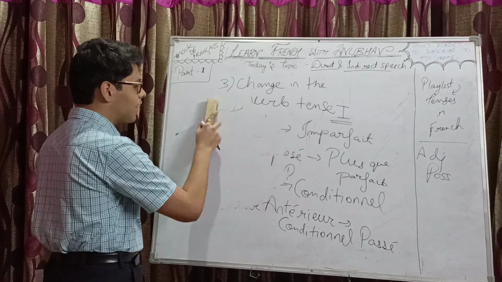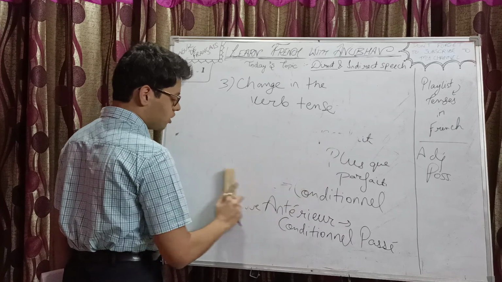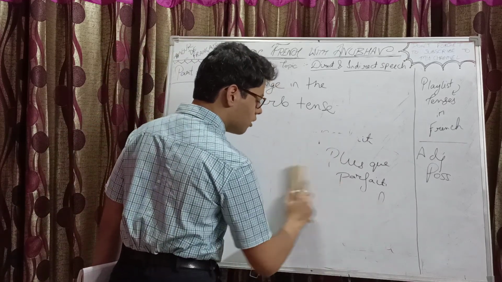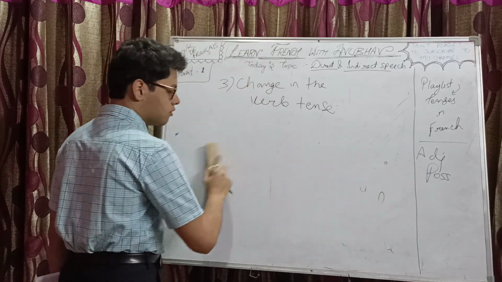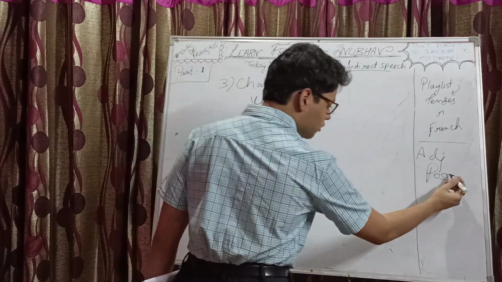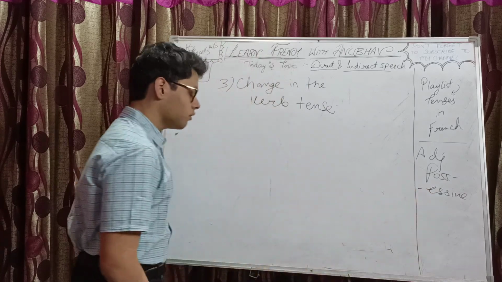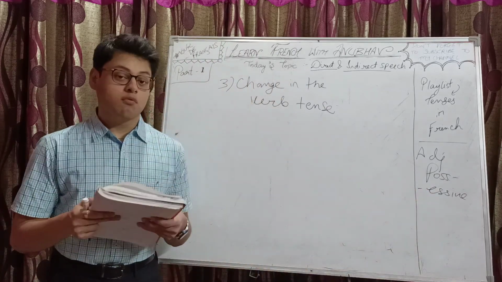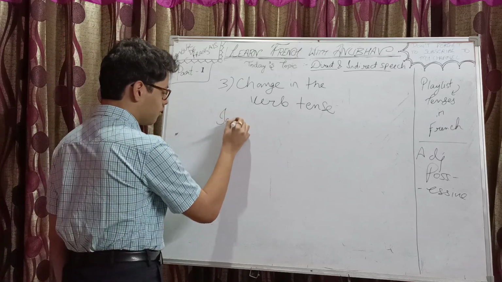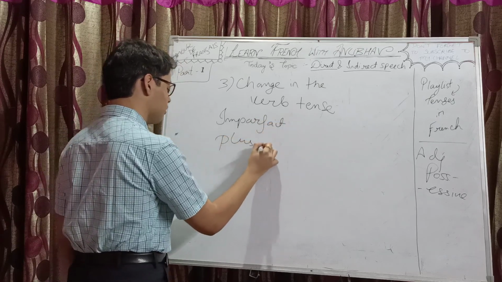When you are going from direct to indirect or from indirect to direct, there won't be any change in those tenses. So let me just list them. So, which tenses won't change? First we have imparfait. Next we have plus que parfait.